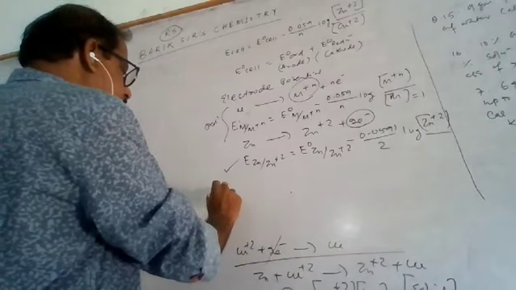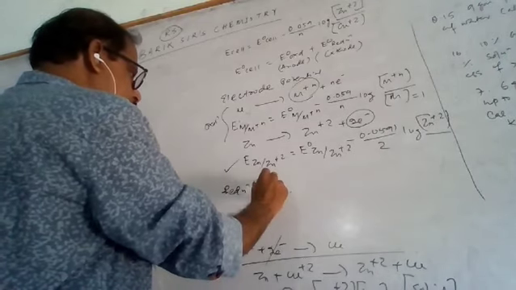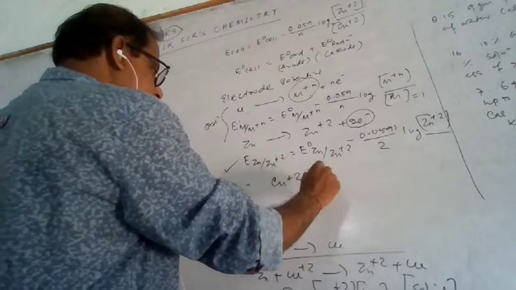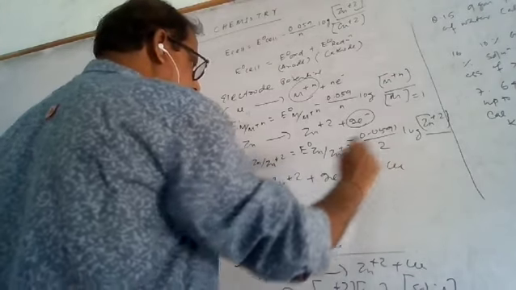And if it is the reduction potential, that is copper plus 2 gaining 2 electrons converted to copper.